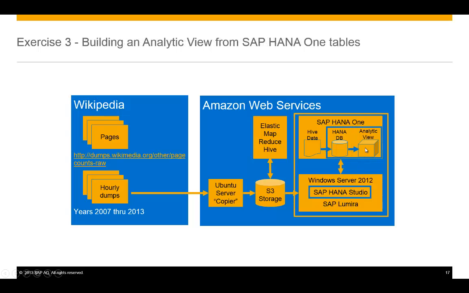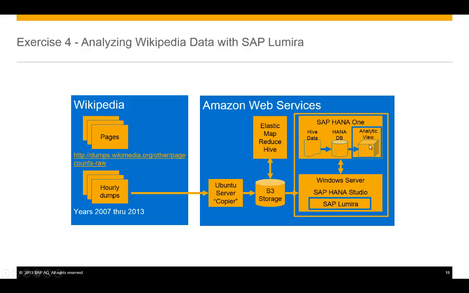You'll then build the analytic view, which will be used by SAP Lumira to do your analysis. So you'll learn how to take the set of tables that you created as part of your star schema and create your analytic view. And then finally, you'll use SAP Lumira to analyze your Wikipedia data.